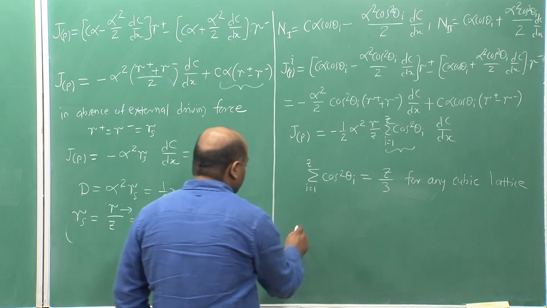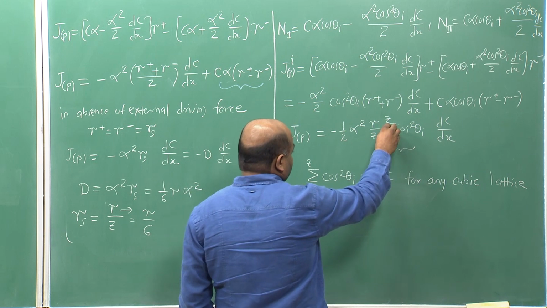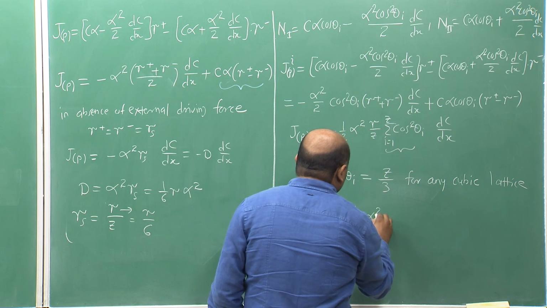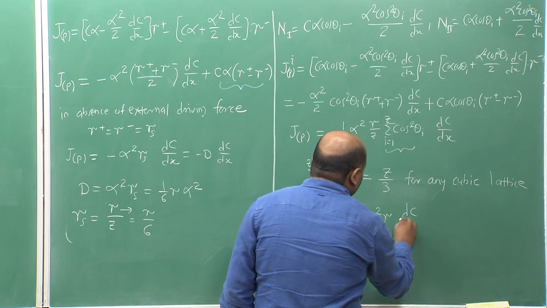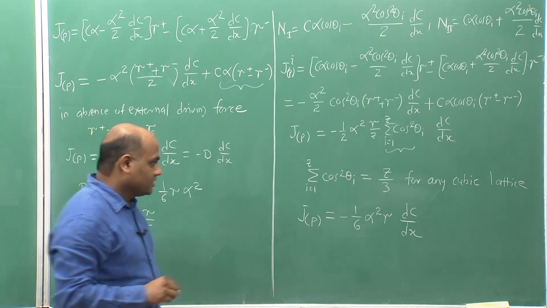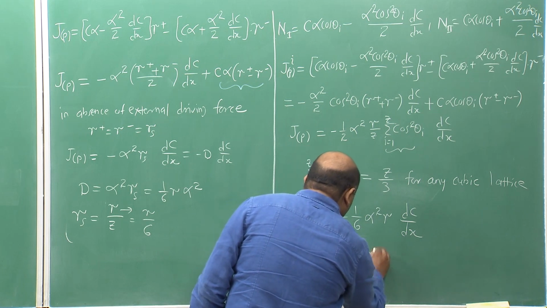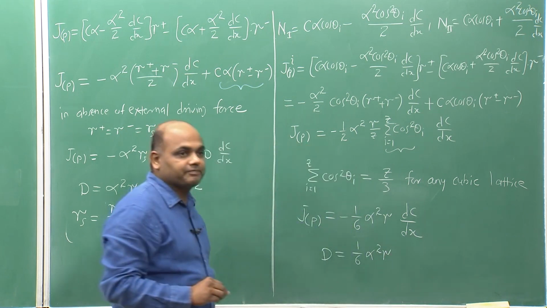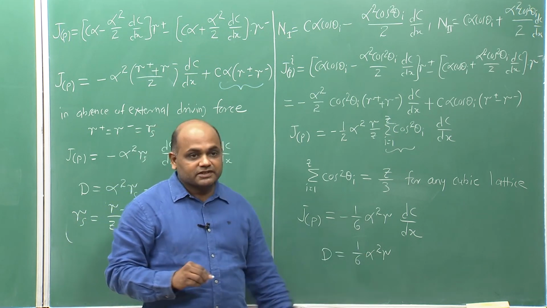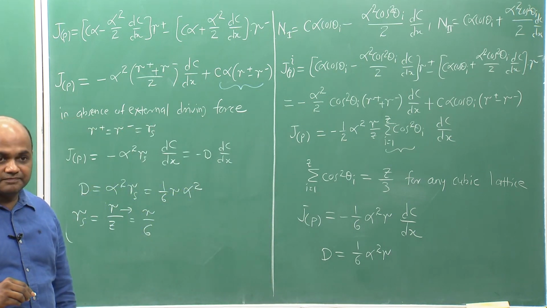So, if we substitute back, gamma by z times z by 3, we get minus 1/6 alpha square gamma dc by dx. So, for any cubic lattice, we can express D as 1/6 alpha square gamma, where alpha is the jump length and gamma is the frequency of successful jumps of an atom in any direction.